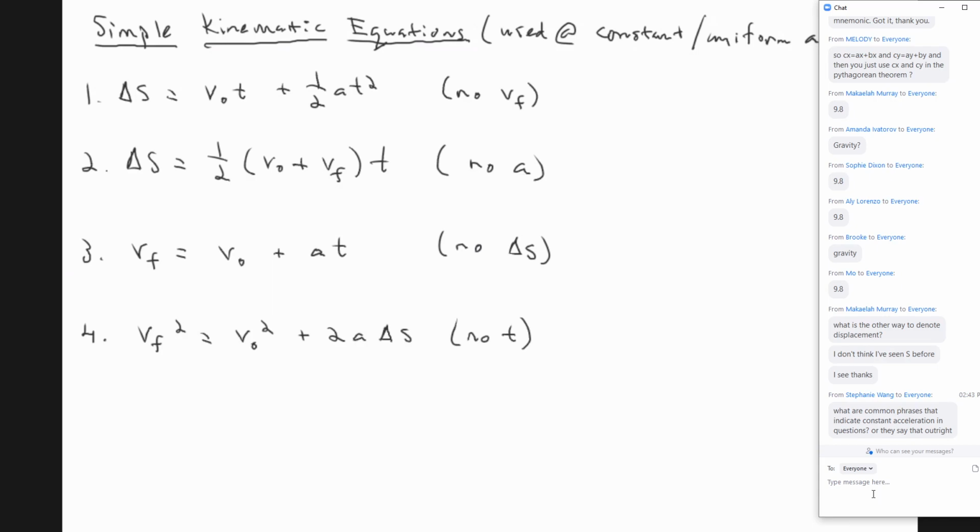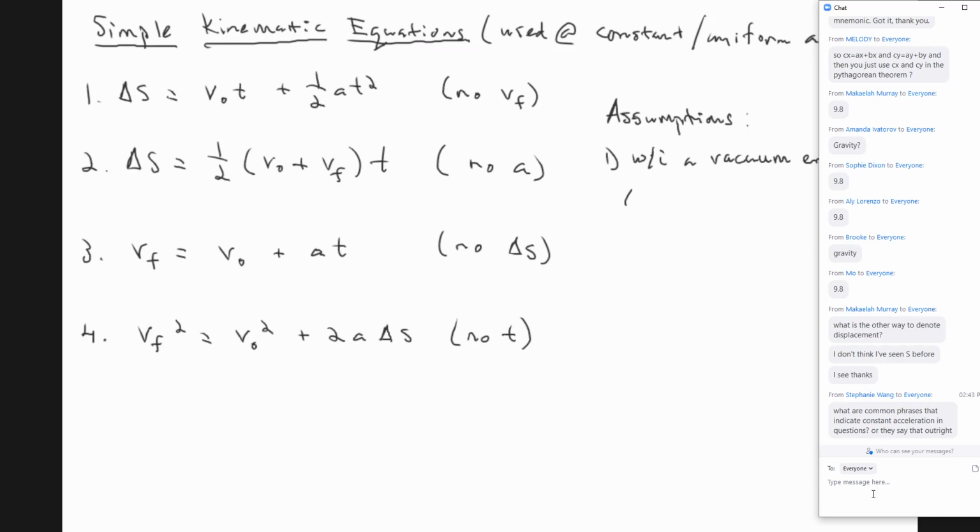So let's take a look. There are 2 assumptions that the MCAT uses. Sometimes they tell you, sometimes they don't. The first one, they generally tell you that you're within a vacuum environment.